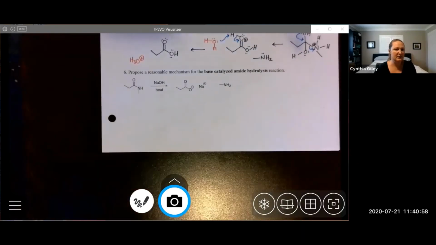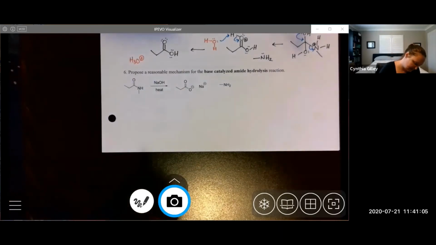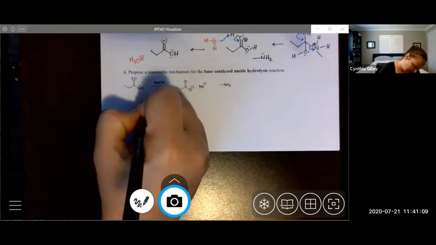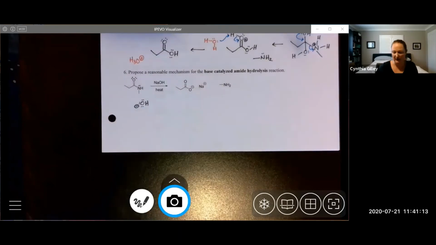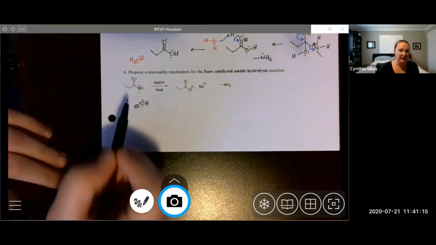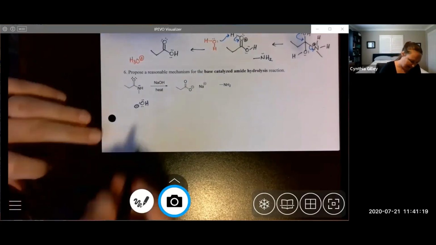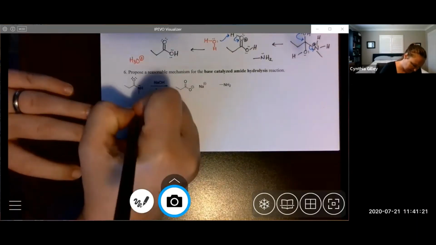Okay, so we can also do basic hydrolysis of an amide, just like we did basic hydrolysis of an ester. When we have a strong base, we don't need an initial proton transfer. This is now a stronger nucleophile as well, and it can react with the amide.